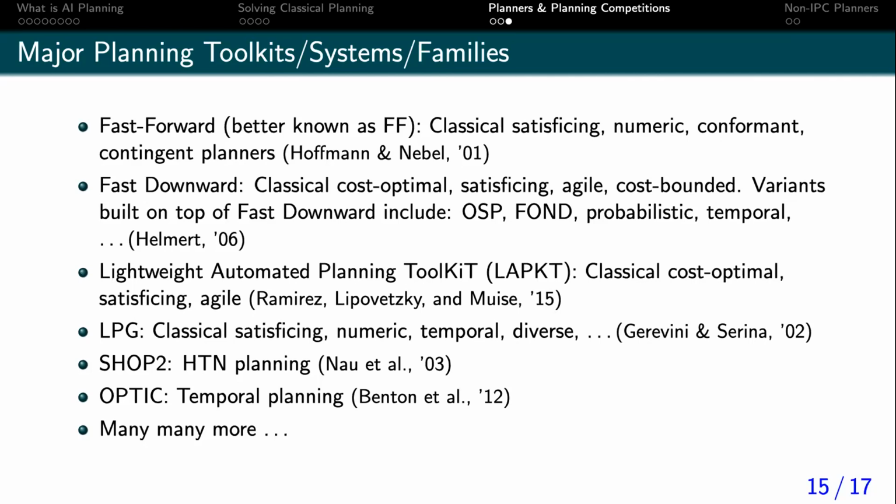SHOP2 is a well-known HTN planner, and OPTIC is a temporal planner, which actually hasn't competed in any competitions as far as I know, but it's pretty well known nonetheless. And there are lots of other planning toolkits and systems that I did not mention here.